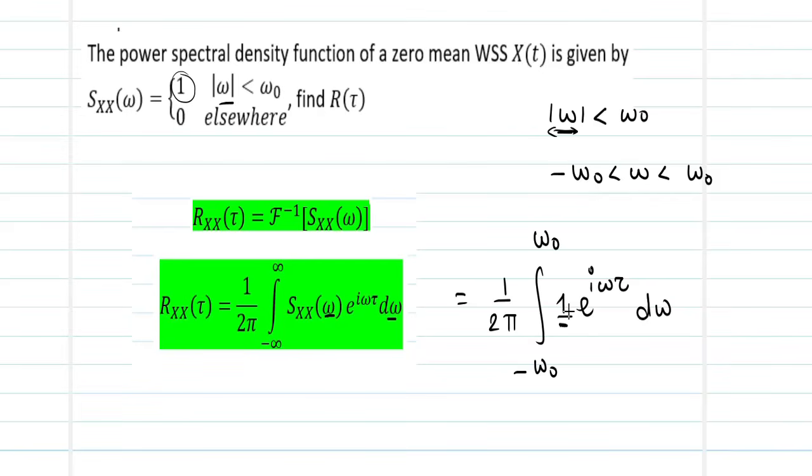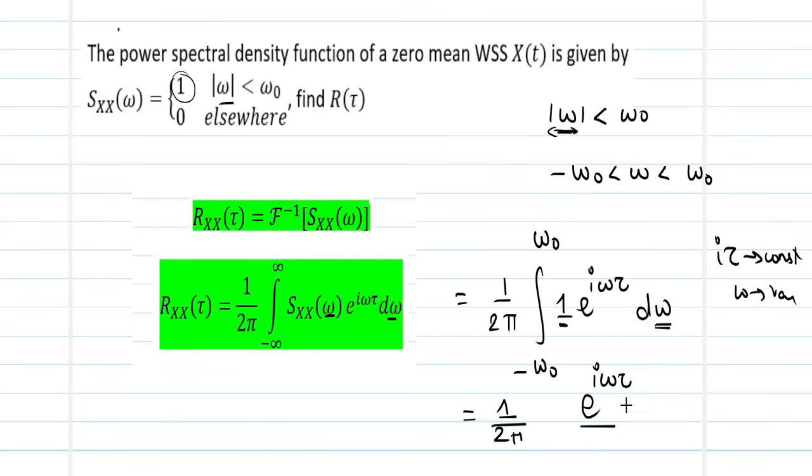Only if we have an algebraic expression as input, then we split this exponential as cosine and sine. Now since this 1 is a constant, it comes outside, so it becomes 1 divided by 2 pi integral of e power i omega tau d omega. With respect to omega, i and tau are constants and omega is my variable. So e power i theta on integration gives you e power i theta divided by theta.